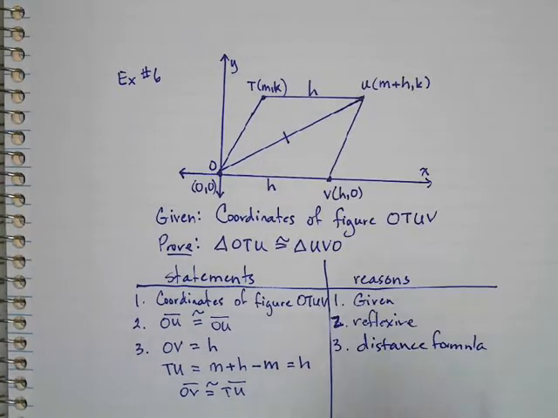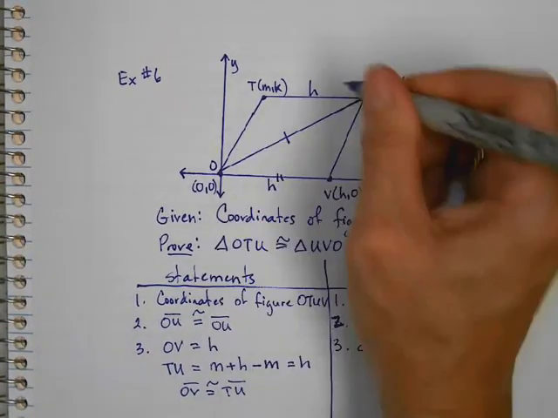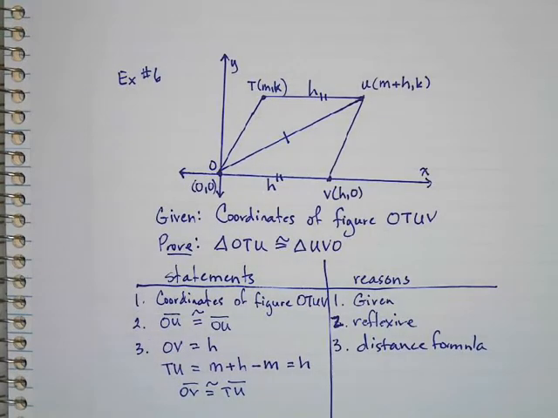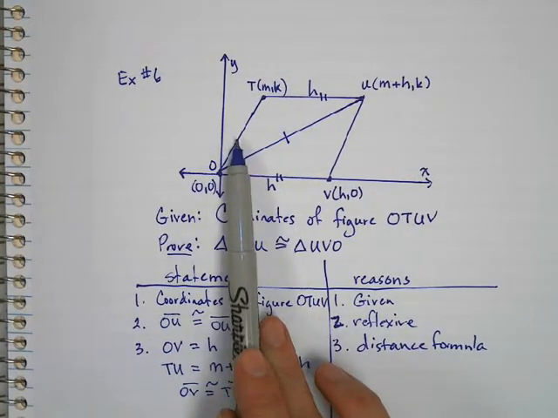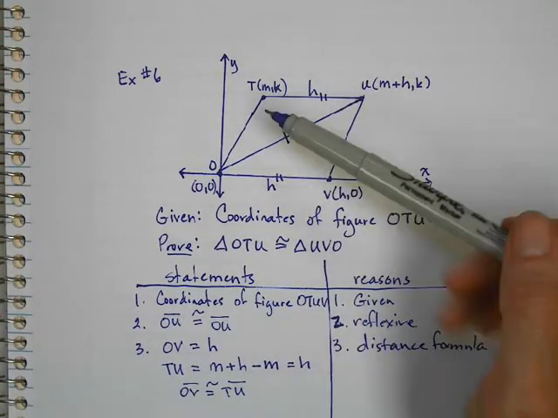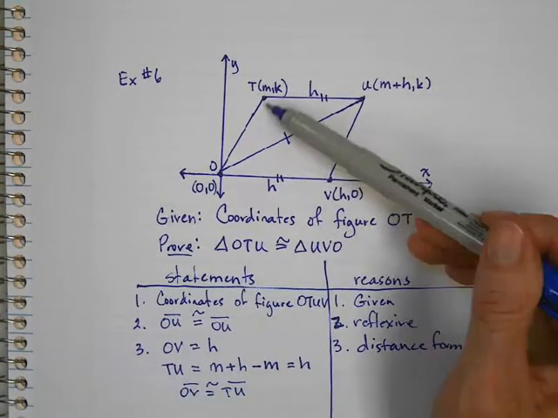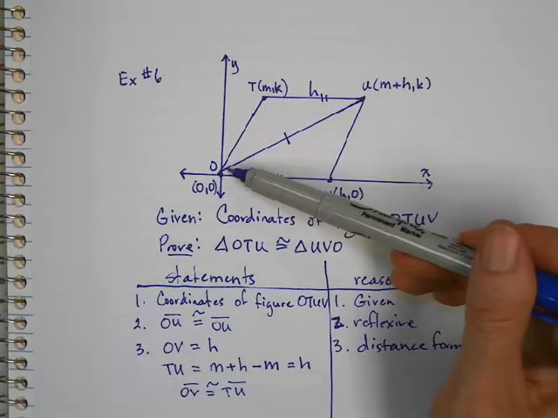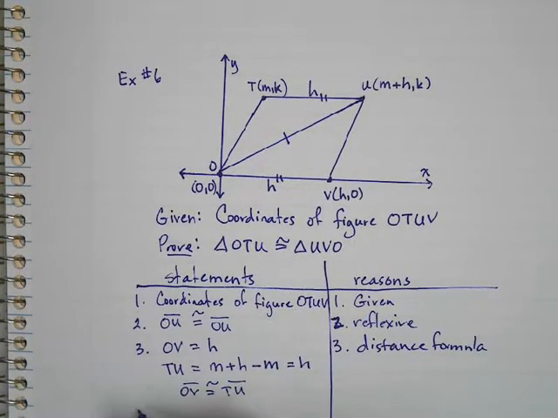I've proven that. They're both equal to H. So this line segment is congruent to this line segment. Now all I have to do is prove this one is congruent to this one, and now those are diagonals. Since they're slanted, I'm going to actually have to use the distance formula on those.